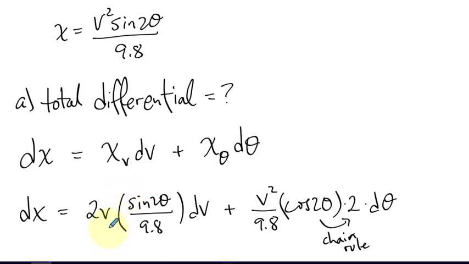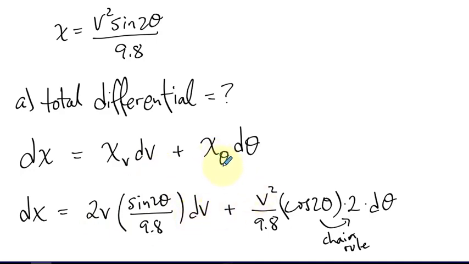So for the partial derivative of x with respect to v, I'm taking a derivative with respect to v, and the sine 2 theta and of course the 9.8 are all constants. So we just get 2 times v as the derivative with respect to v times the constant sine 2 theta and the constant 9.8. These are constant factors that just get multiplied times the derivative. And then I just copy this differential in v as part of the total differential.